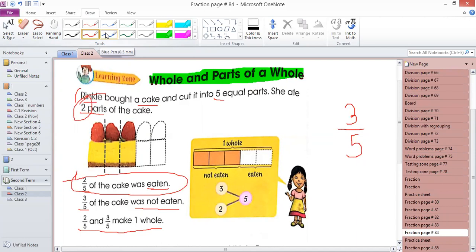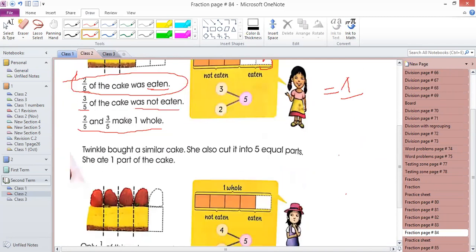Okay, up to here, you already know that. You can write their fractions. Now, what you have to remember here and concentrate on is that when we add the fraction she ate and the fraction she did not eat, it will become one whole.